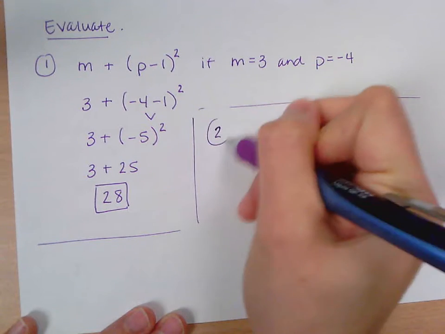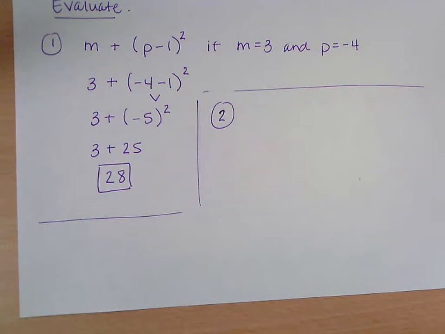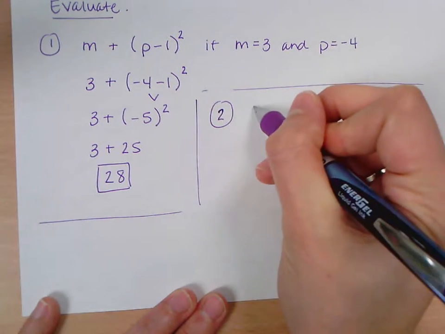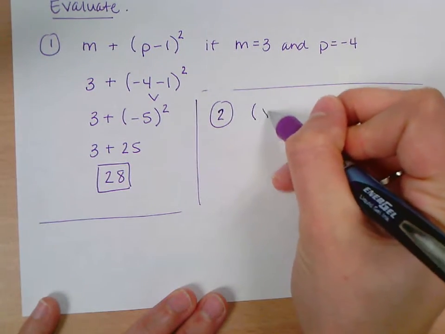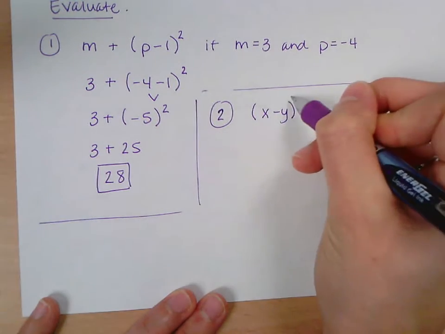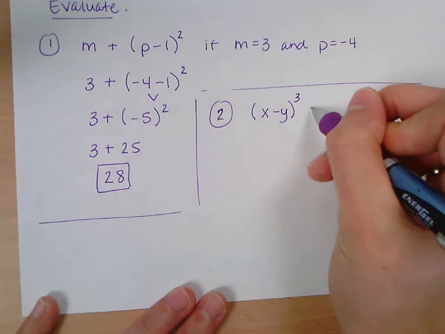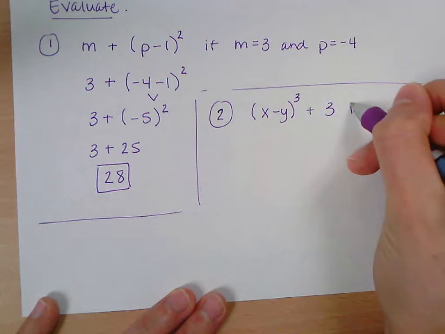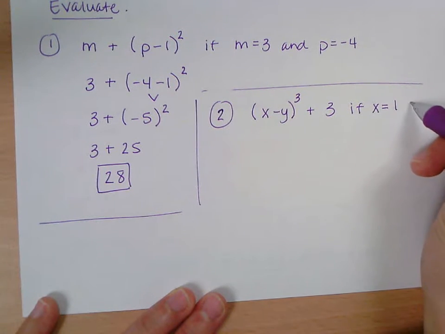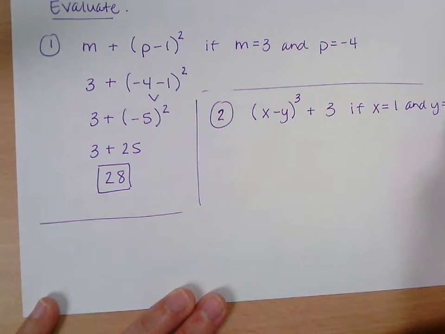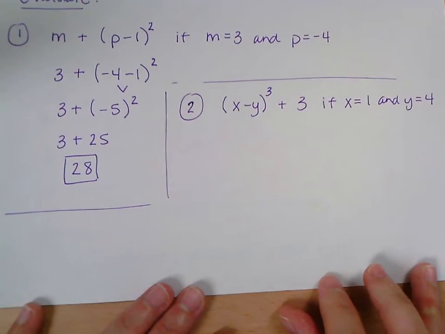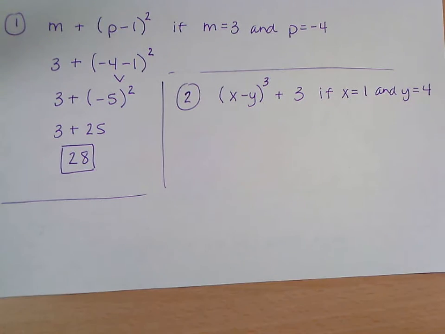Here's one just for you to do without me and then see if we all get the correct answer. So evaluate this expression, the quantity x minus y cubed to the third power, and then plus 3 if x is equal to 1 and y is equal to 4. So just work through that example. I'll give you a couple minutes. We'll check it, see if we all get the same answer. Check in your groups, see if you all get the same answer.